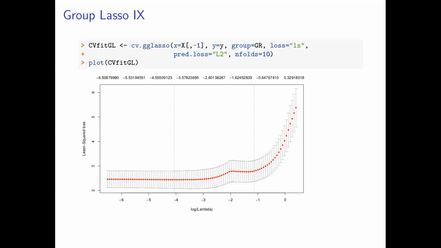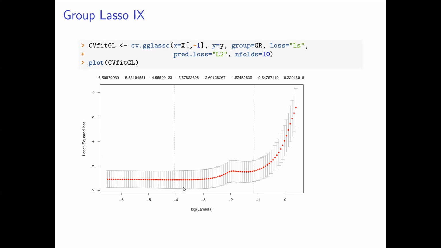Also for the group lasso, the lambda is of course of relevance. And similarly, as we've seen before for the lasso value, we look for the ideal lambda with this cross-validation and look at the minimum cross-validation lambda and 1 standard error away.